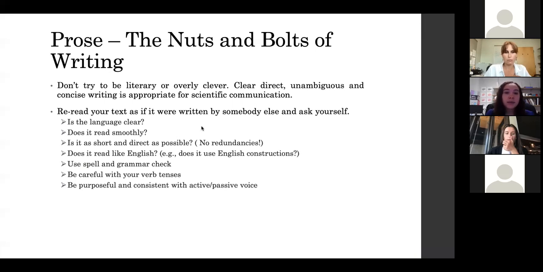If it is short and direct, and you don't have any grammar mistakes, you can check the verb tenses. I know that is a common question, because sometimes we can get a little bit confused about the verb tenses in the abstract.